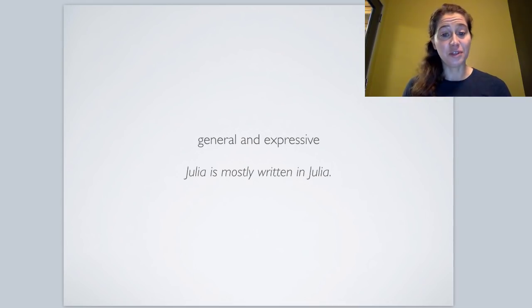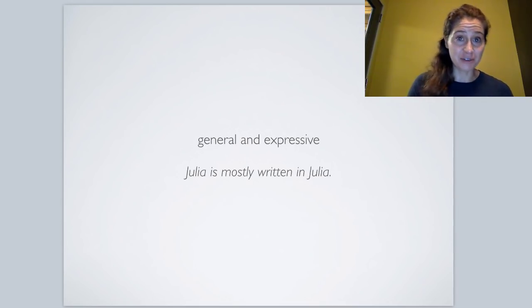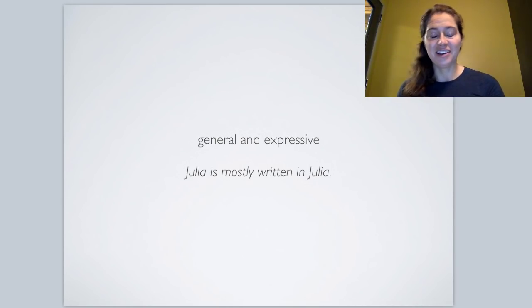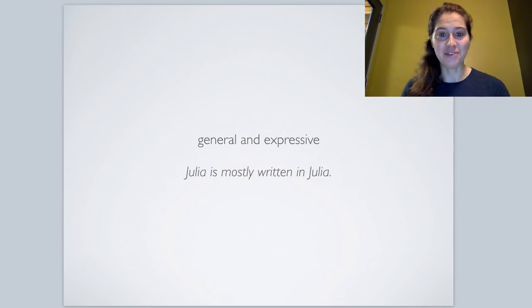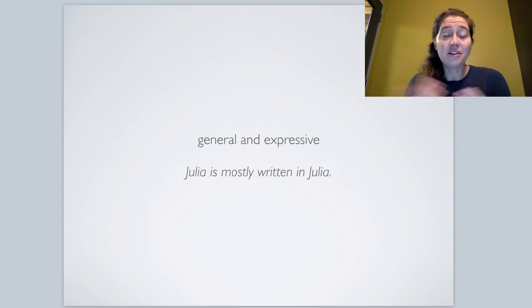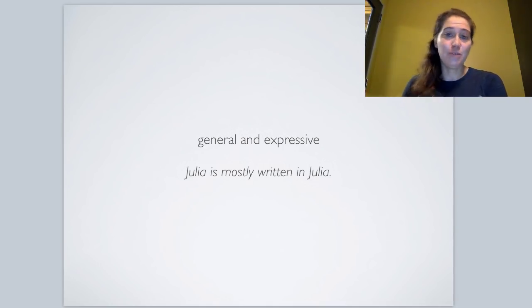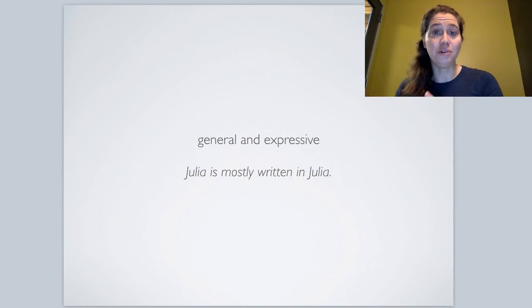And one of the things that's really cool about the fact that Julia is mostly written in Julia, as you delve deeper into the source code, is that this really starts to blur the line between users and developers of the language. So once you know the language well enough to be using it for your own purposes in your work, you'll find that there's not a huge barrier to actually looking inside the source code and having a sense of what's actually going on under the hood to implement the functions that you are using.